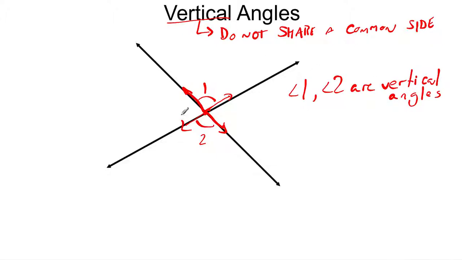Just as with those intersecting lines, I could also look at this angle here and that angle there, and we can see again they do not share a common side. So if I call this angle 3 and this angle 4, then angle 3 and angle 4 are also vertical angles.